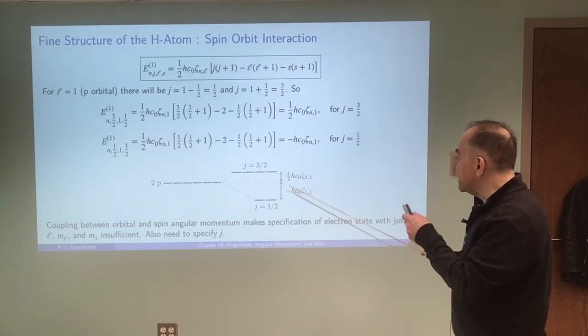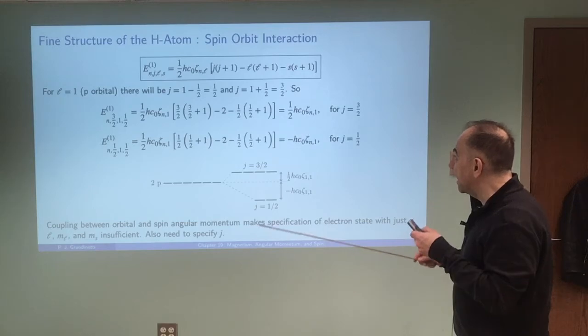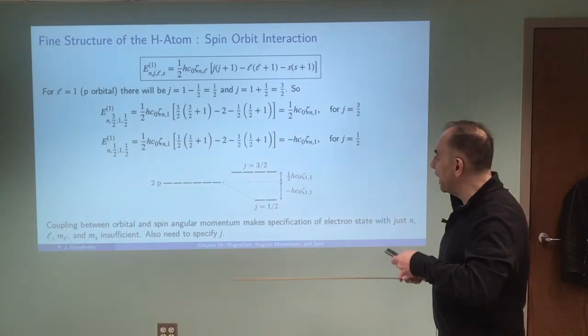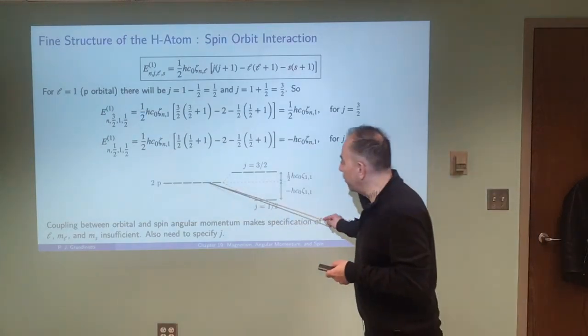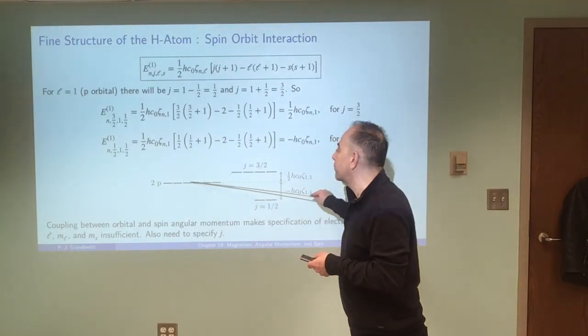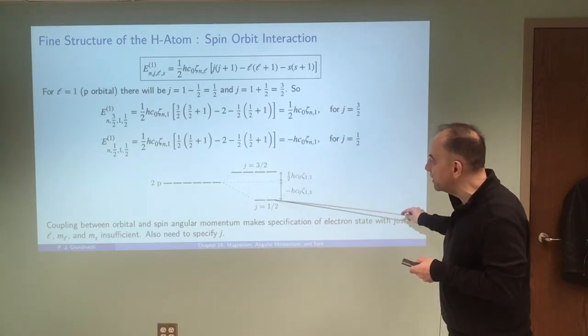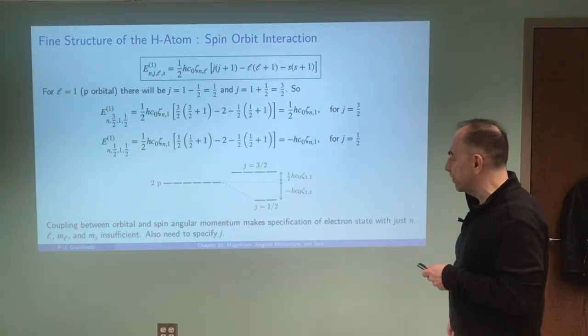So one thing we see then is that if we're going to be specifying the state of the electron in a hydrogen atom, we can't just specify the value that it has in terms of L and S, or M sub L and M sub S. We need to also specify its J state to know what its energy level is going to be.